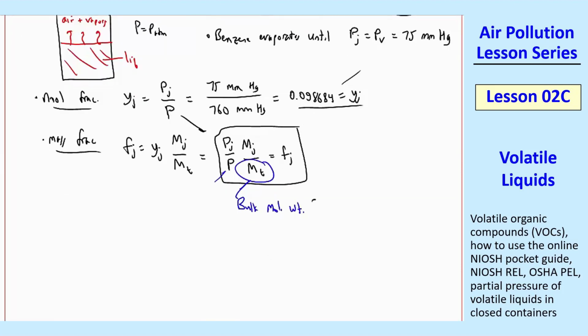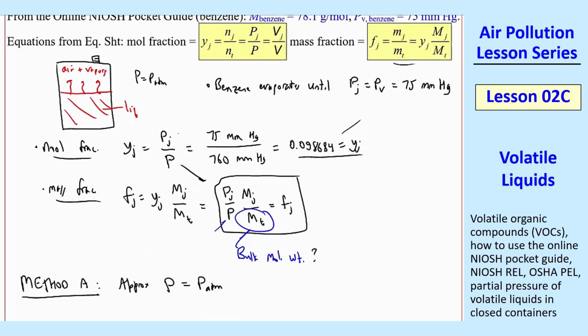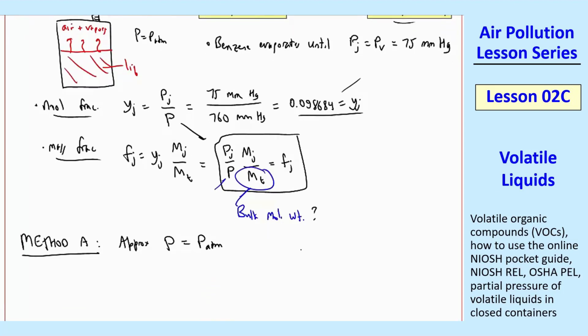So what is this bulk molecular weight? Well, method A is that we approximate that P in the tank is P atmospheric. That's not necessarily true, because as this liquid evaporates, it starts building up pressure inside the tank. Sometimes when you open a can that's been sitting around, it'll hiss when you open it because air is being released, because there's a higher pressure in there.